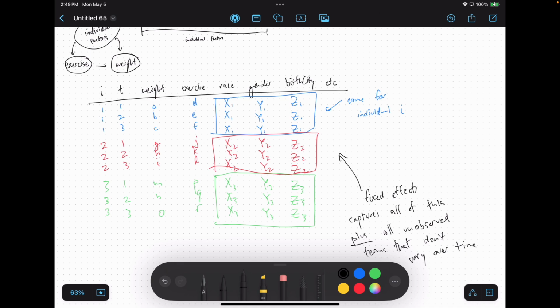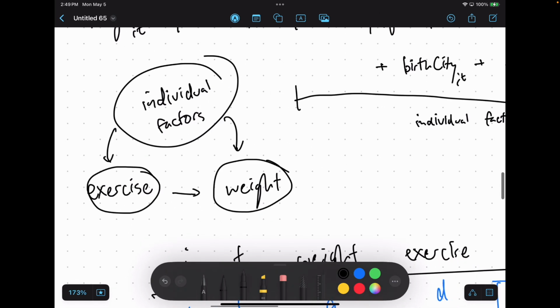Okay, and so in that case, this idea of cutting off all the possible backdoors, now you not only don't need to have the data, you don't necessarily even need to figure out all of the factors that might be creating a backdoor to weight, because you've instantly covered all of them, okay? And that's the justification for these fixed effects.